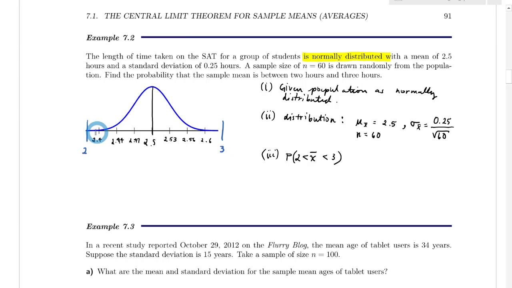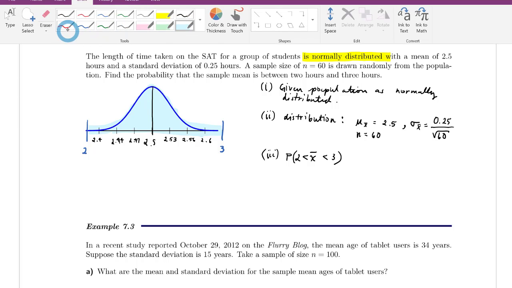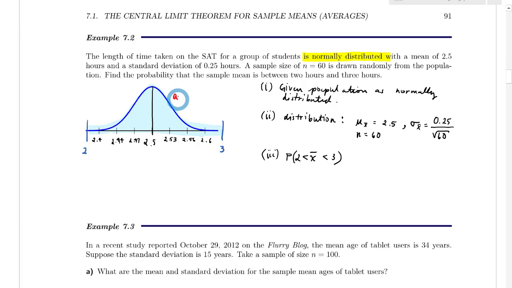If I shaded the whole thing, what do you think this area is? I know you know it. Yes, the area is 1. So I can only assume that this probability will be pretty close to 100%. So let's go ahead and put this in.